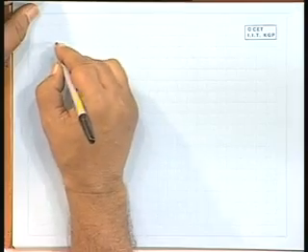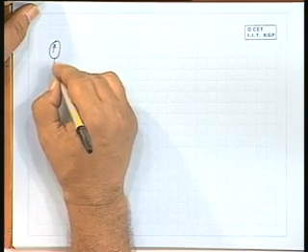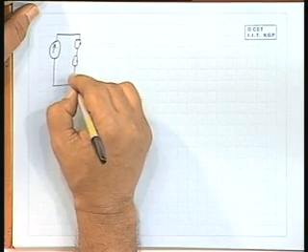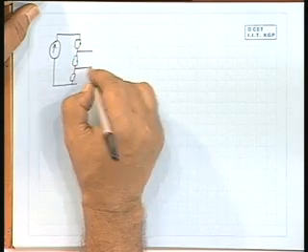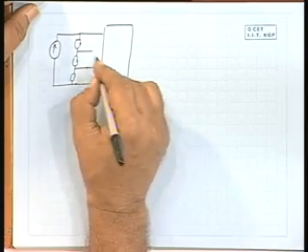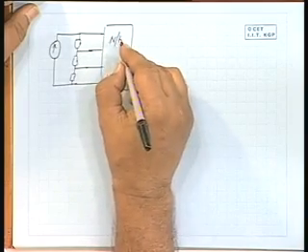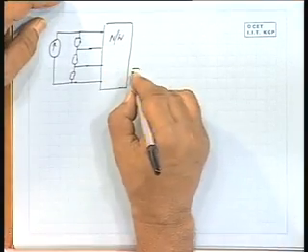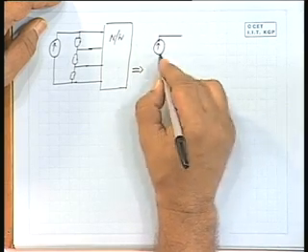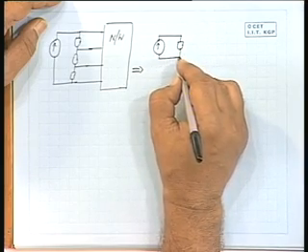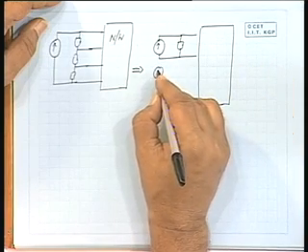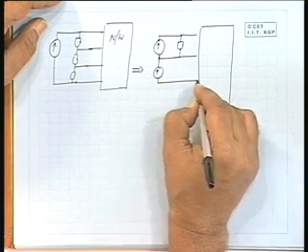Similarly, if you have a single current source feeding a network like this, and there are elements A, B, C, which can be general impedances, and this is the rest of the network, this can be equivalently shown with multiple current sources.